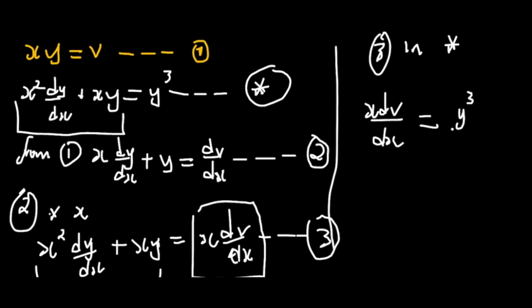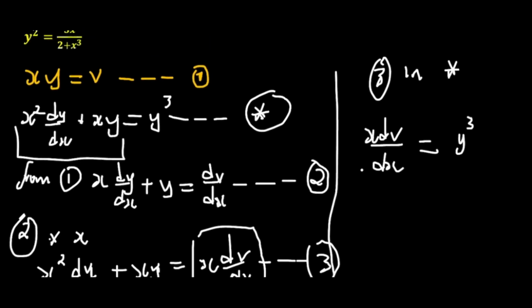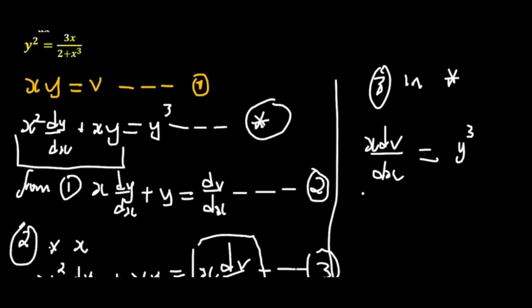So we see we're gradually simplifying our function, but we notice that from the substitution in equation 1, our y is simply v all over x. So we can call this equation 1 star: y is v over x.